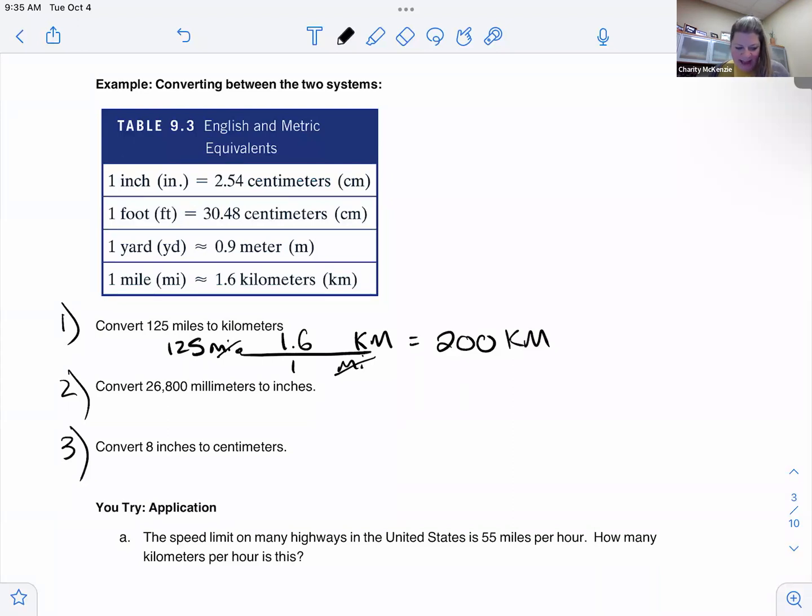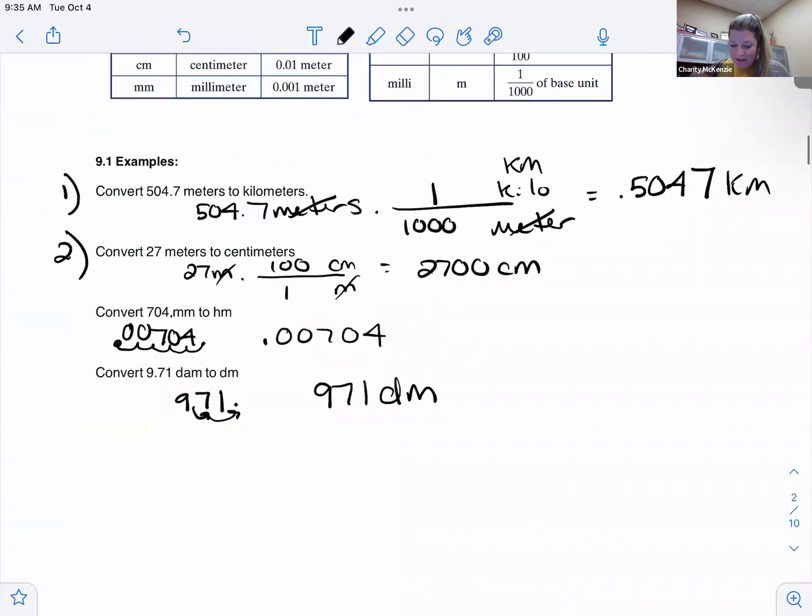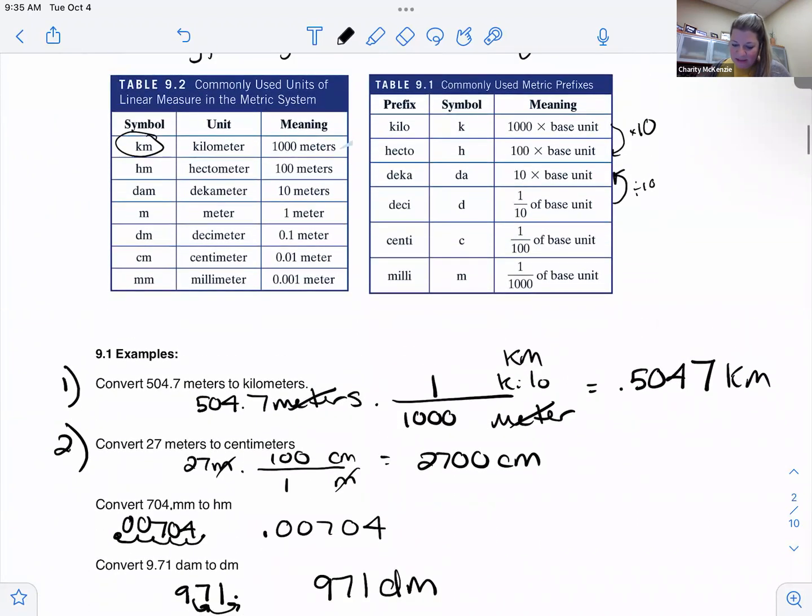Problem 2, what if I have 26,800 millimeters and I want to convert it to inches? Well, I only have centimeters to inches. Can't I convert millimeters to centimeters? Sure, I can go to my chart. How many millimeters are there in a centimeter? So we can see millimeters are up 1, go up 1.